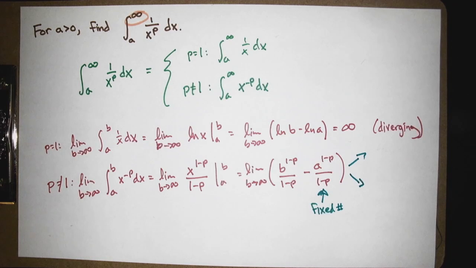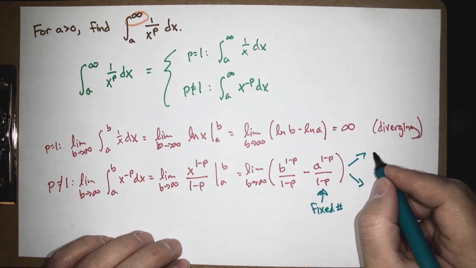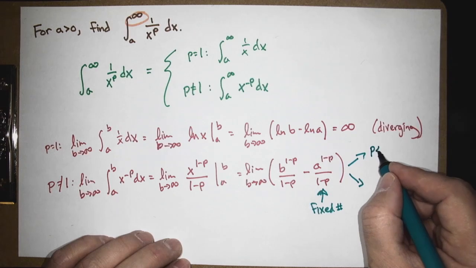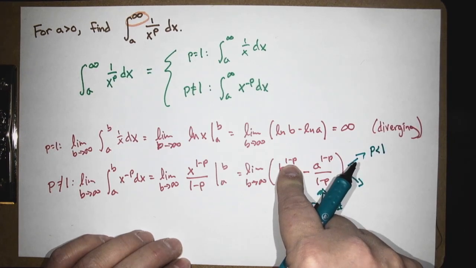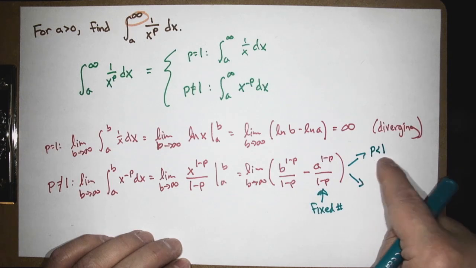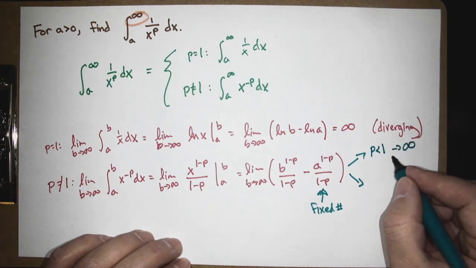So let's figure this out. When would 1 minus p be positive? So if p is less than 1, 1 minus p is positive, right? This goes to infinity, diverges.